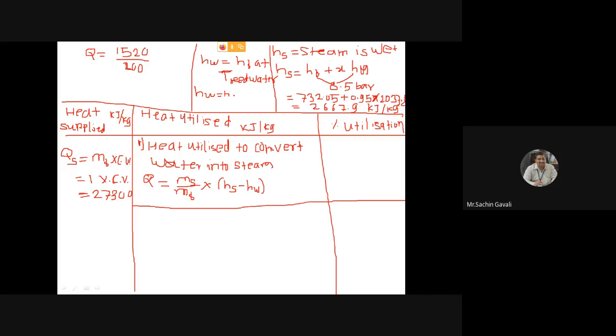Table number 1 we have to go for. What is the feed water temperature given? HW is equal to HF at T feed water. 30 degrees Celsius.